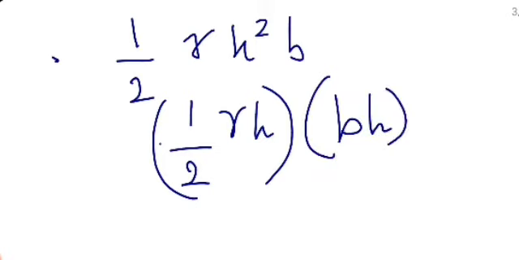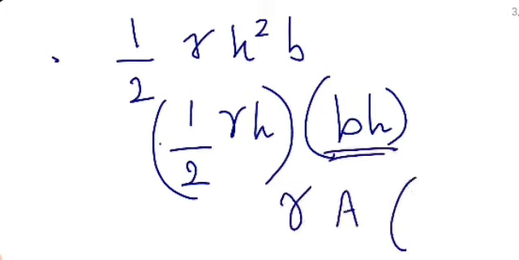So it is nothing but gamma times bh, which is the area, times h by 2, which is the vertical distance to the center of the area.